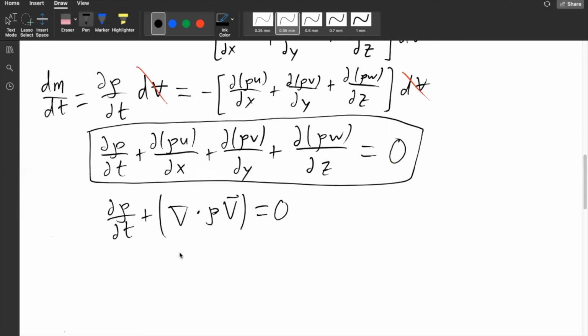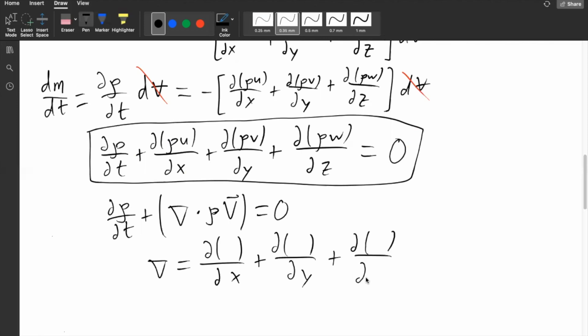And to give you a little context, the gradient vector is equal to a partial derivative of any quantity, partial x plus partial any quantity, partial y plus partial z. And we are dotting this gradient with u, v, and w. So that's what we get here.